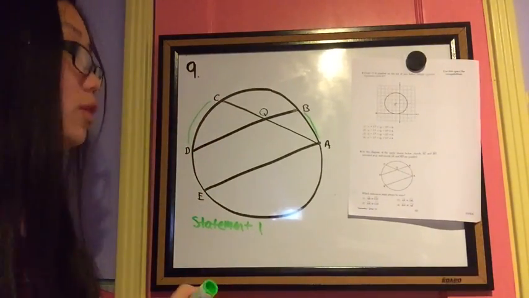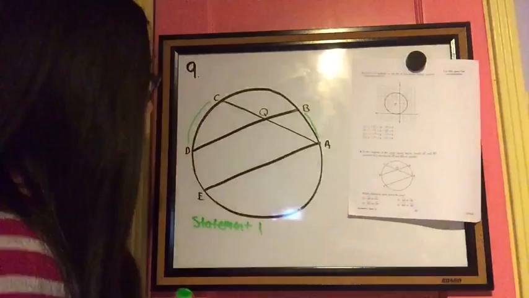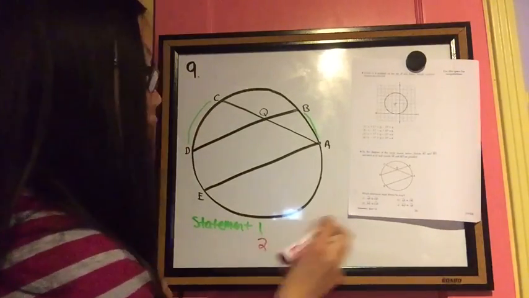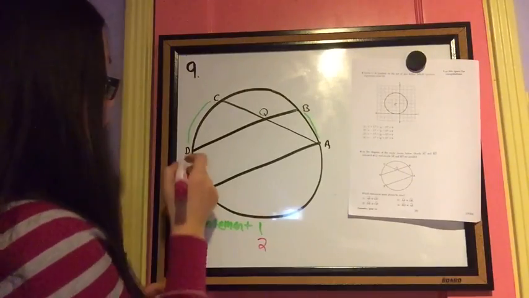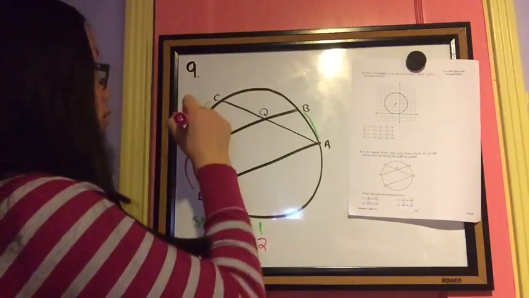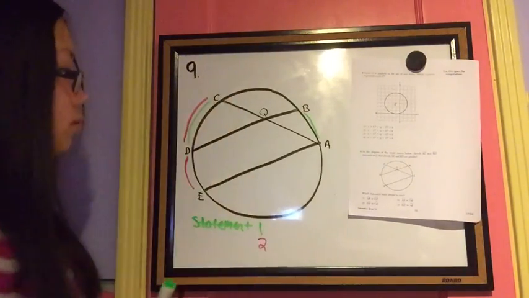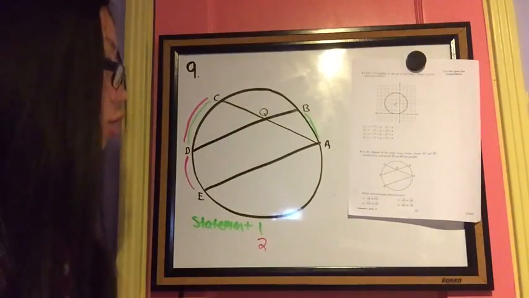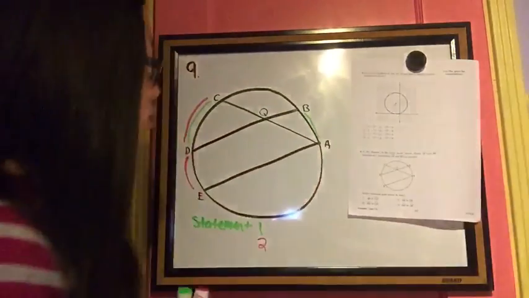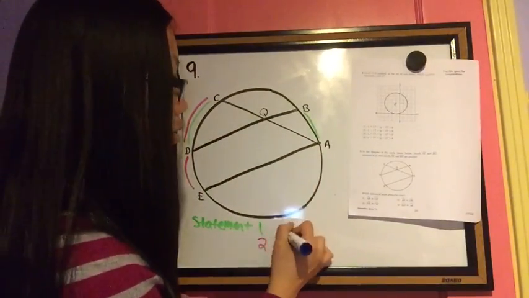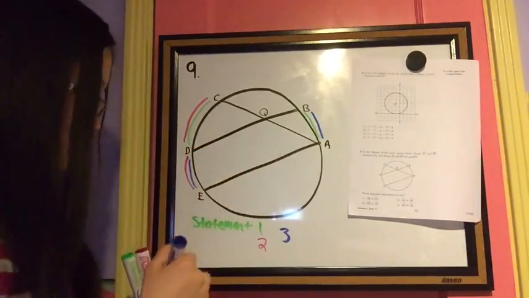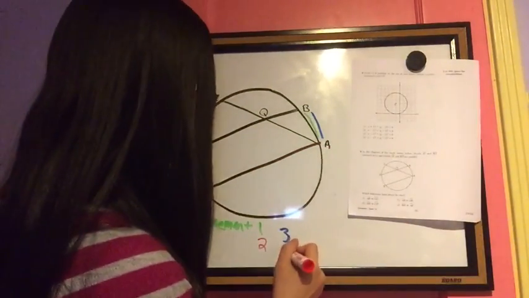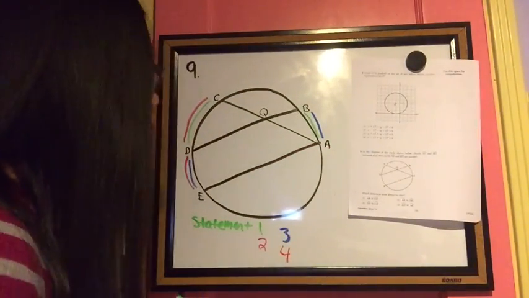The second statement states that DE is equal to CD. The third statement states that AB is equal to DE. And the fourth statement states that BD is equal to AE.